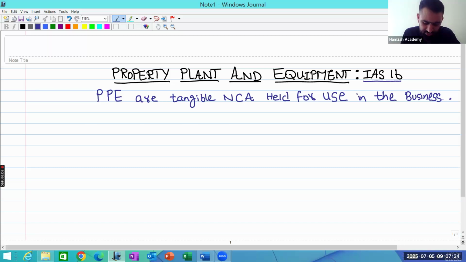Non-current assets held for use in the business are known as property, plant, and equipment.